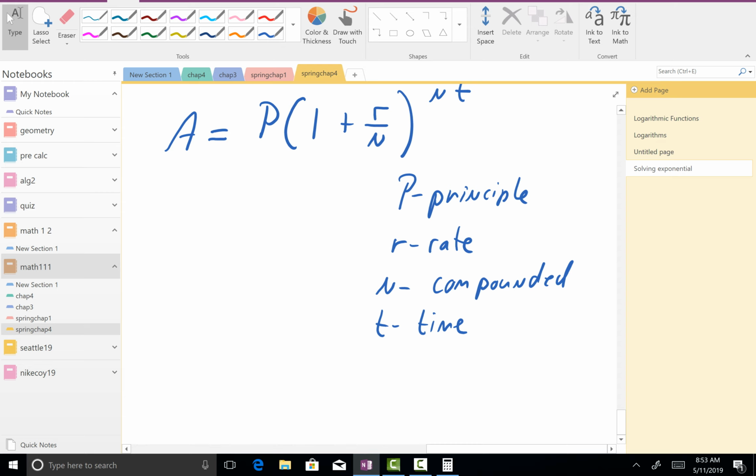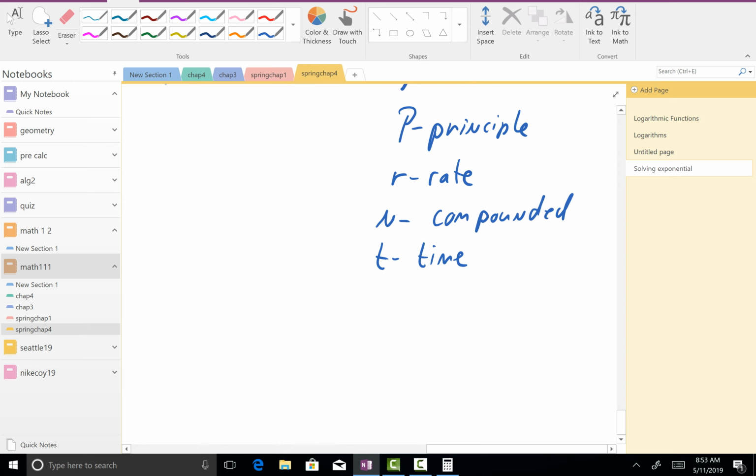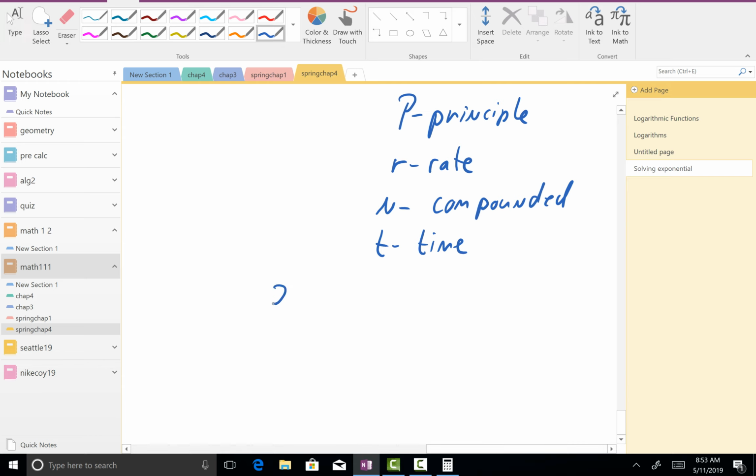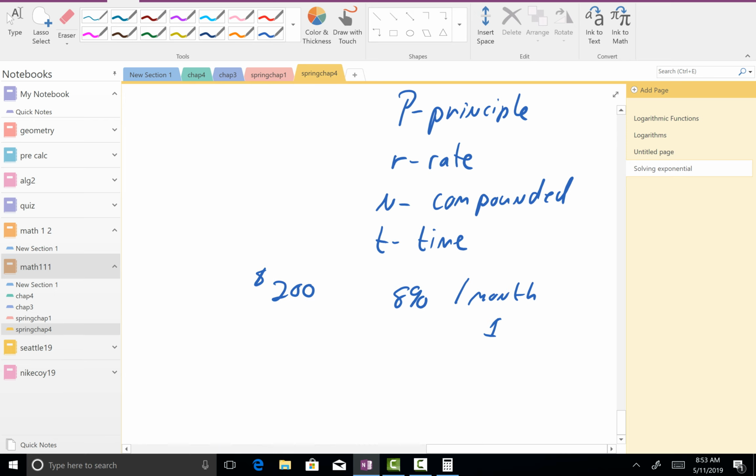Well, let's just work through this. Let's say we're still dealing with the same situation. We're going to borrow the money, because your friend says, wait, that's too much. So, all right, tell you what, I'll go 8%, and I'm going to do it monthly over the course of 1 year. So how does that work? Well, we're going to do the same thing.